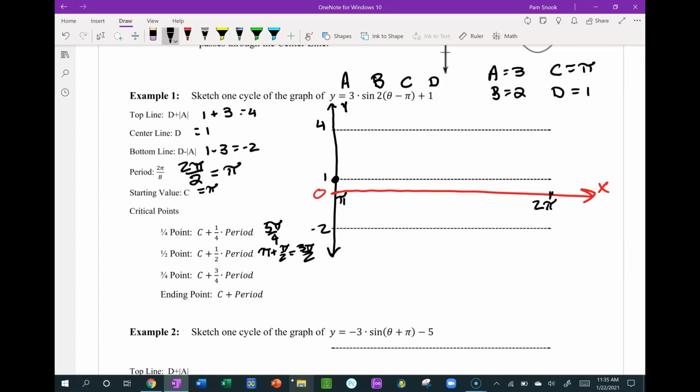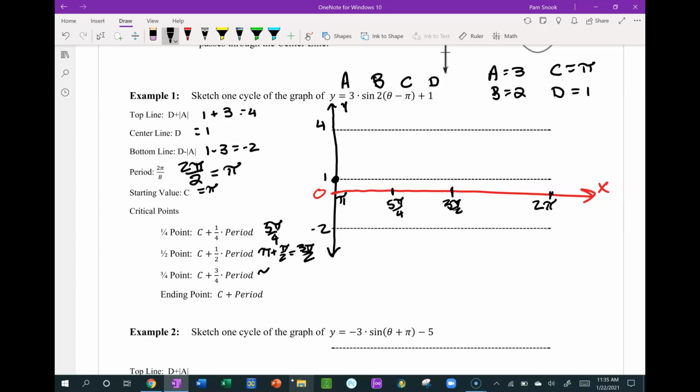So then if I go halfway, I'm just kind of eyeballing halfway across, this would be 3 pi over 2. Then that makes the quarter point right here at 5 pi over 4. And then my 3/4 point, I'm going to take my starting point pi, and add 3/4 of my period.